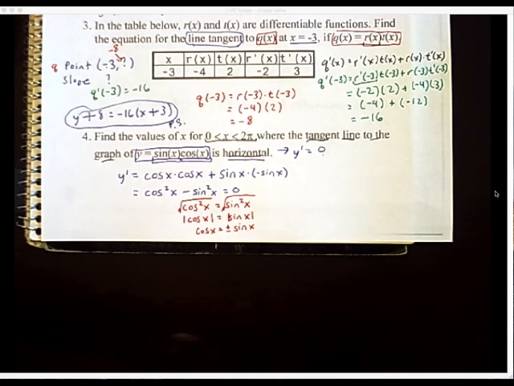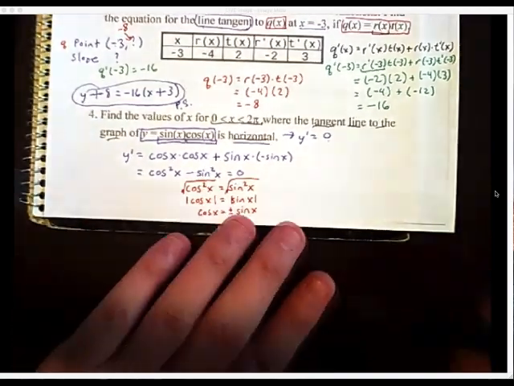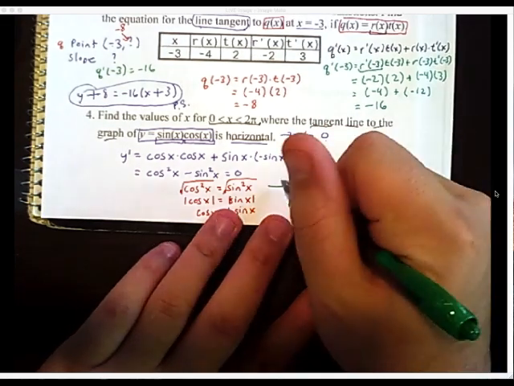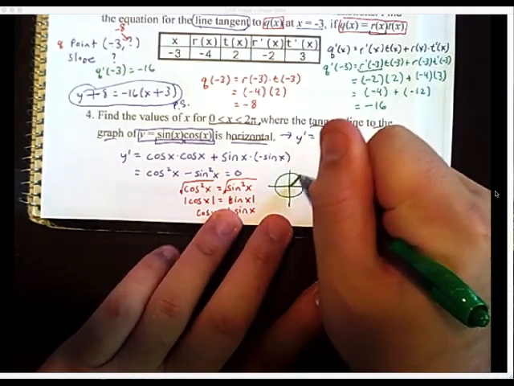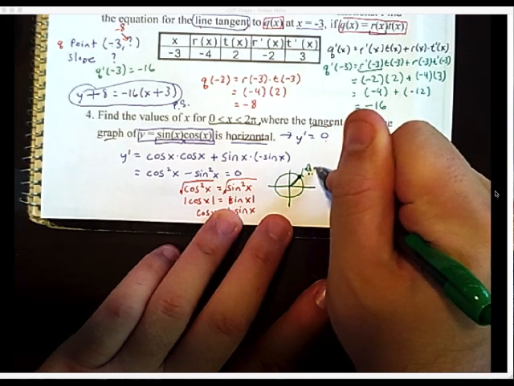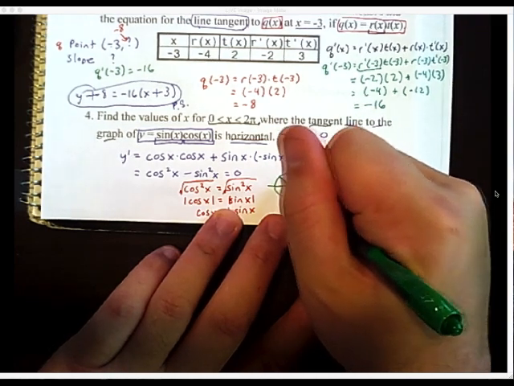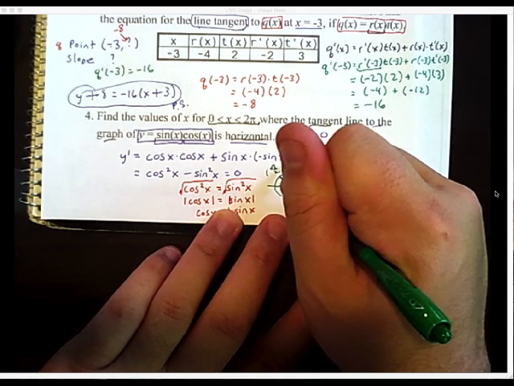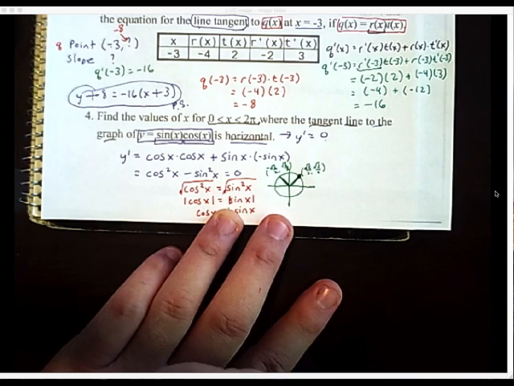Okay, so if I think about it on the unit circle, going back to my unit circle idea here, at 45 degrees, you know that both of the numbers are square root of 2 over 2. Here at 135 degrees, they're both square root of 2 over 2, but the cosine value is negative because you're in the second quadrant.